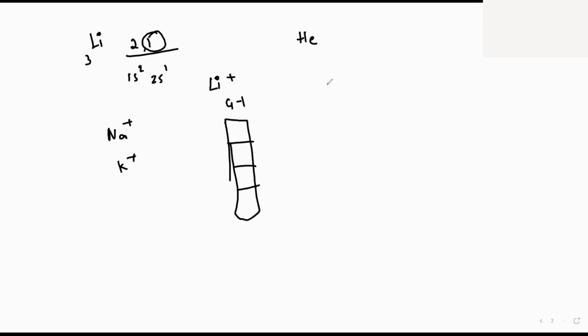Very good. So when we talk about reactivity of metals, even the reactivity series of metals, what are we comparing? Just the ease at which the metals lose their electrons.